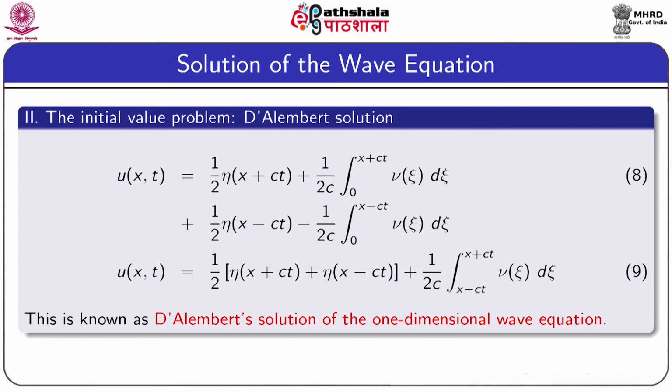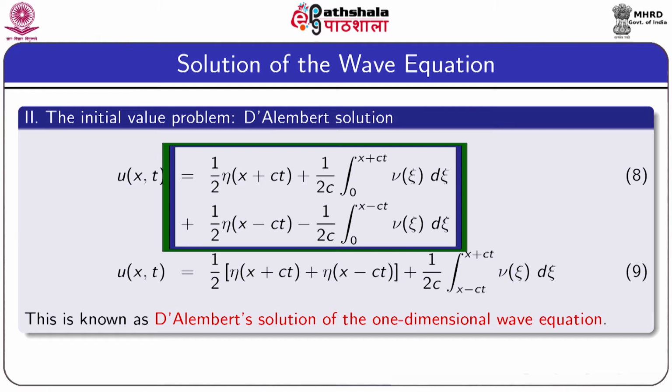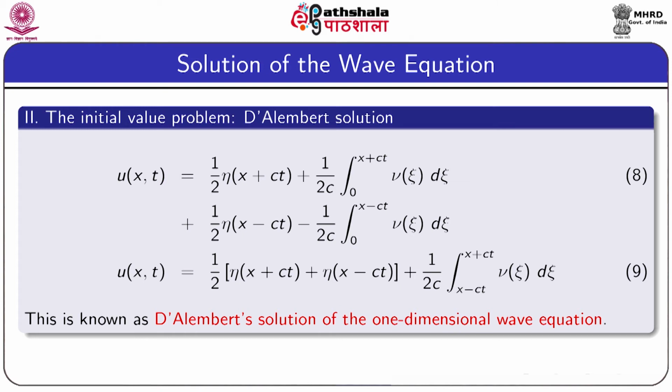Therefore, the solution u, which equals phi plus psi, where phi becomes half eta(x + ct) plus 1/2c integration from 0 to x + ct of nu(xi) d xi, plus half eta(x - ct) minus 1/2c integration from 0 to x - ct of nu(xi) d xi.